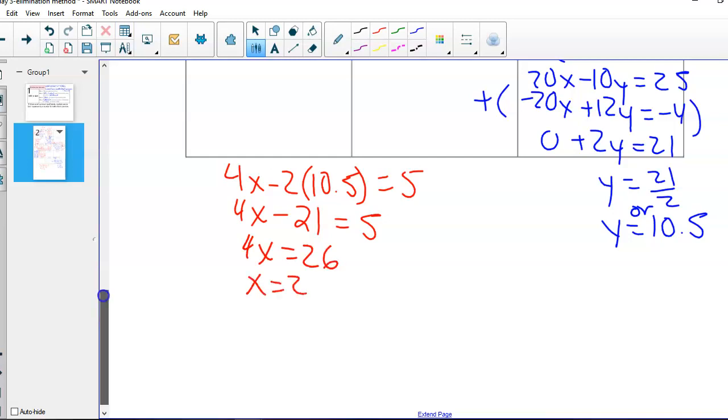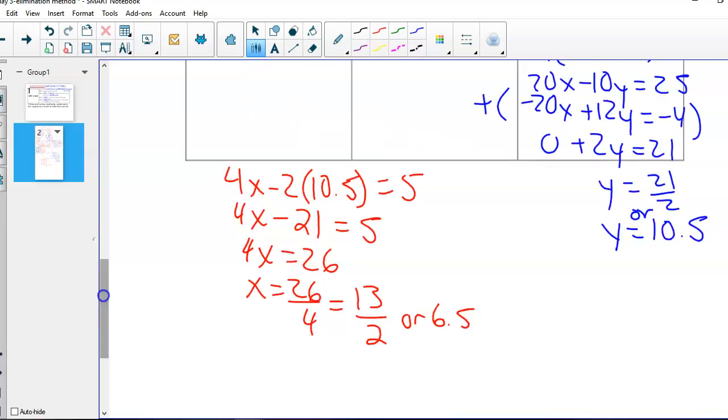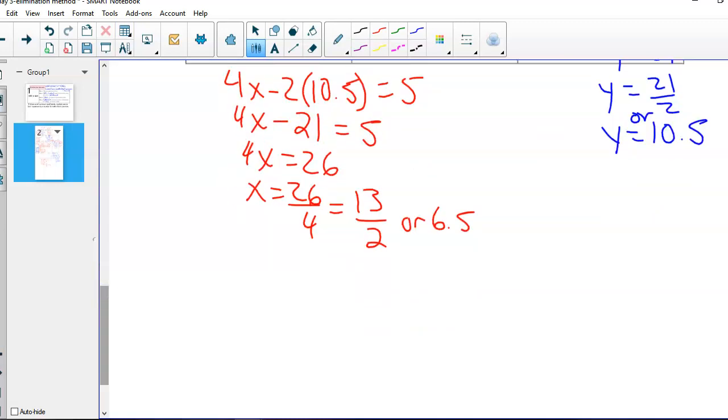So we still end up with a fraction or a decimal. So I'm simplifying this. 13 over 2, or what is that as a decimal? 6.5. So you can either have your ordered pair in fractions or in decimals. Don't mix and match. Either stay with fractions or stay with decimals.